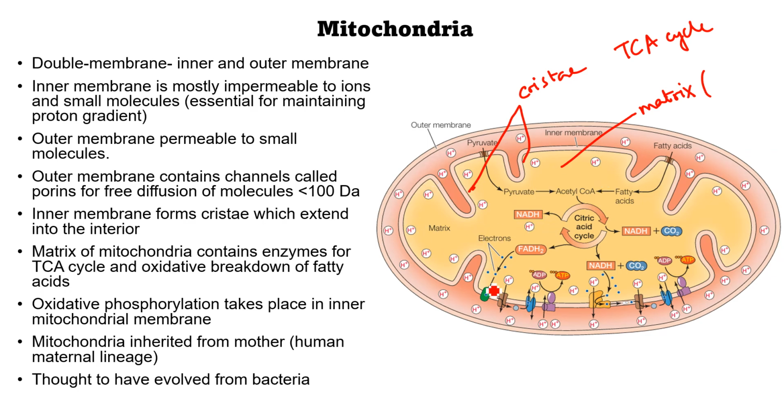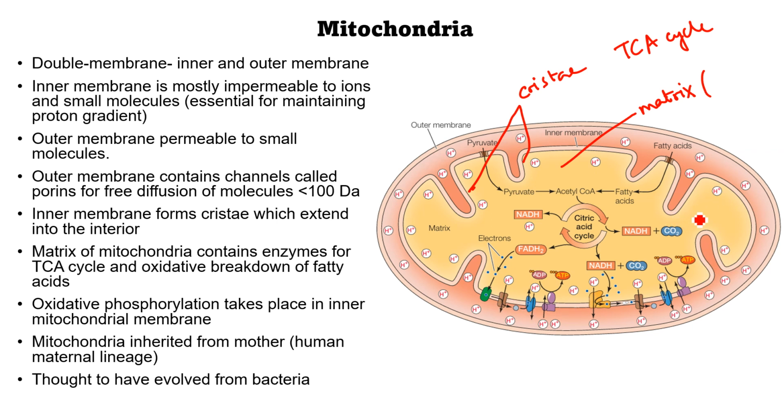And the inner membrane is very important because all the electron transport proteins are present in the inner membrane. You must have read about complex 1, complex 2, complex 3, 4, 5. All the proteins involved in the electron transport system and the process of oxidative phosphorylation are present in the inner mitochondrial membrane.